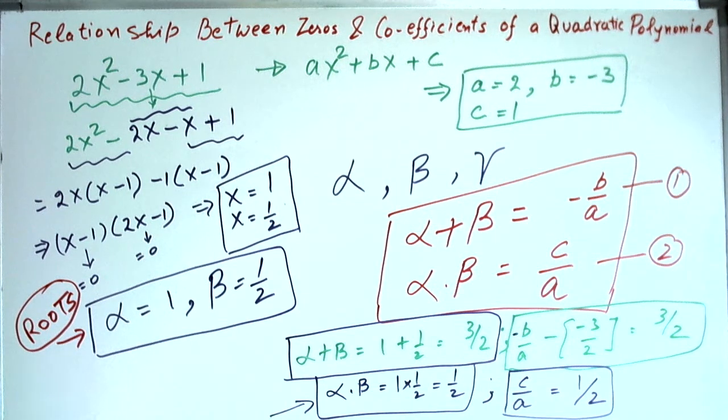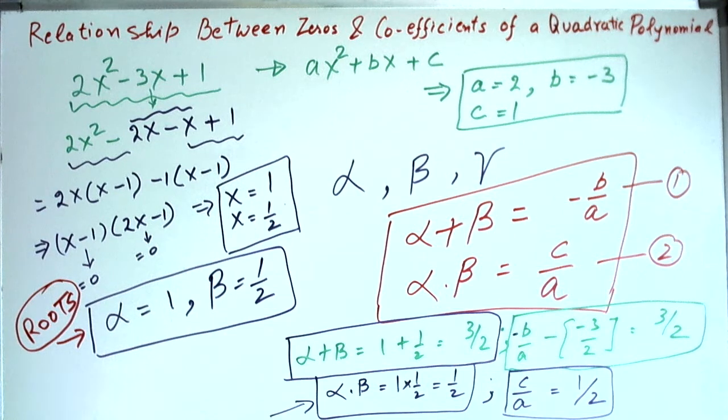So let me summarize. In this video we have seen the relationship between the zeros and coefficients of a quadratic polynomial. The zeros can be determined either by the factorization method or by using the factor theorem, as you know earlier.